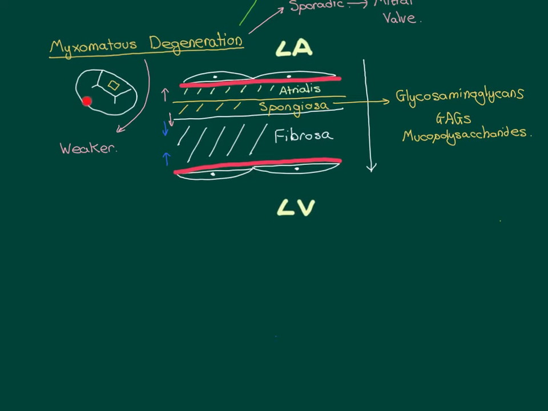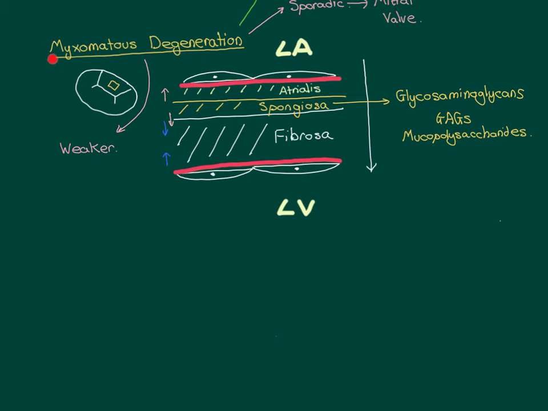So what's going to happen is these heart valve cusps are becoming more rubbery, and what that means is that they lose their structural solidity. They become much more rubbery and much more flexible, and this means that when the left ventricle underneath contracts, it's going to push the heart valve cusps backwards, and you're going to end up with regurgitation.